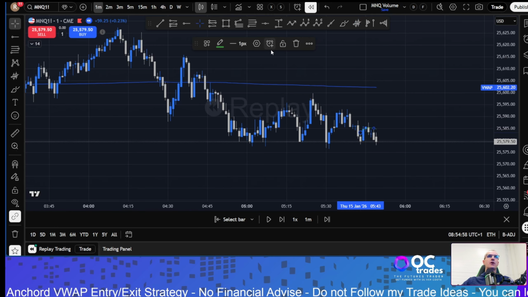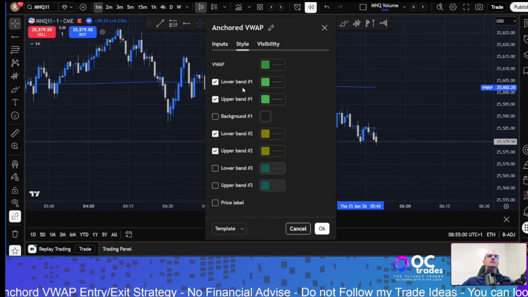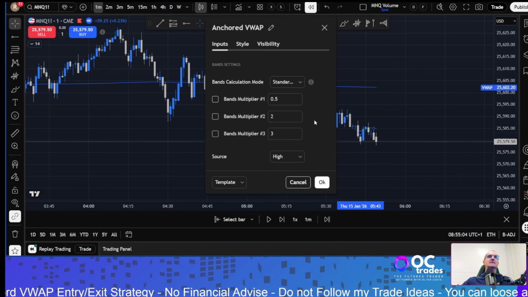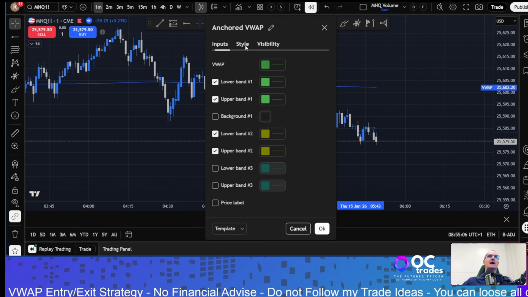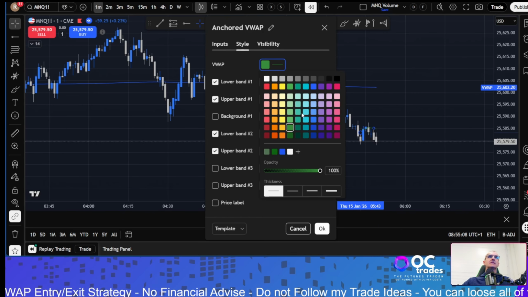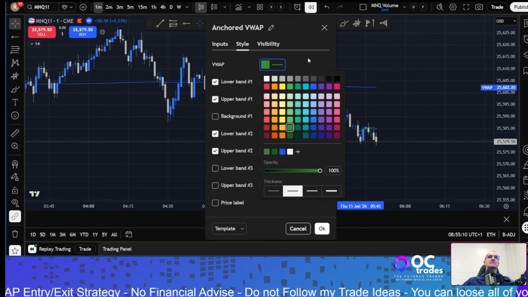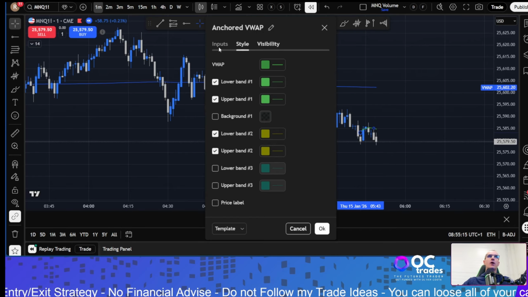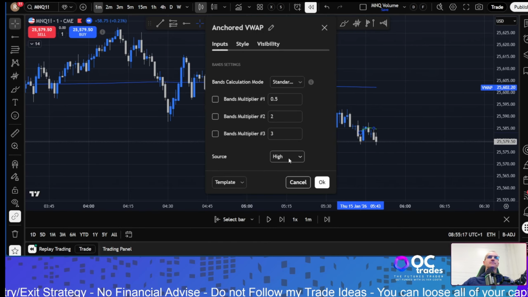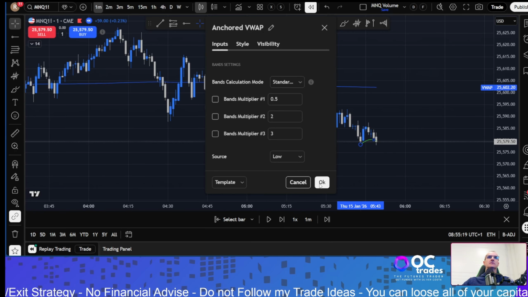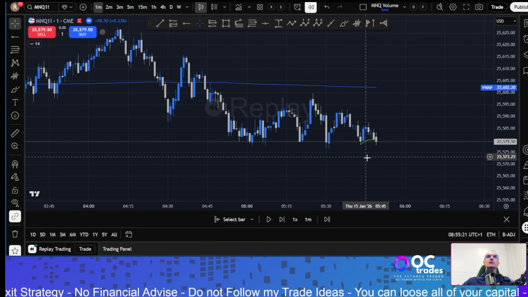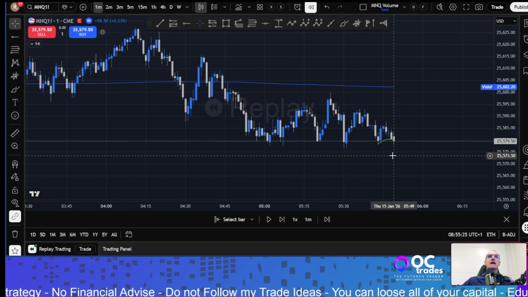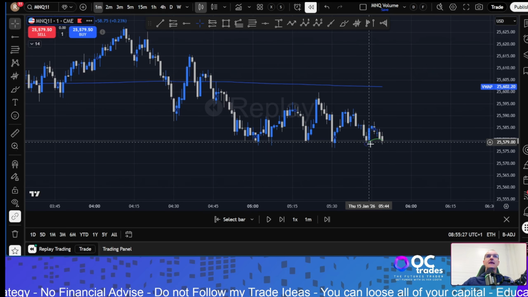And the parameters here are, you just show the VWAP, standard deviation, and the source is high. Maybe I make it a little bit bigger so you guys see it better. I made it a green line on the bottom, which gives me kind of a confirmation, and you see it's anchoring on the bottom here. So that's kind of my sell line, or my buy line better said.